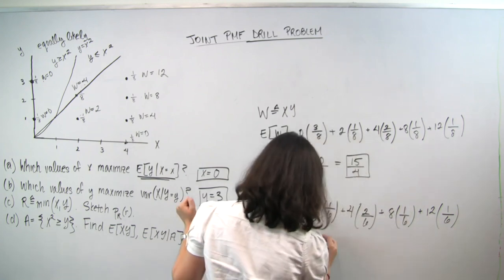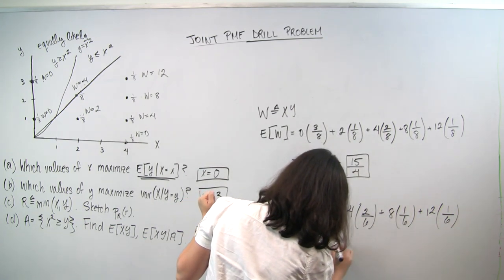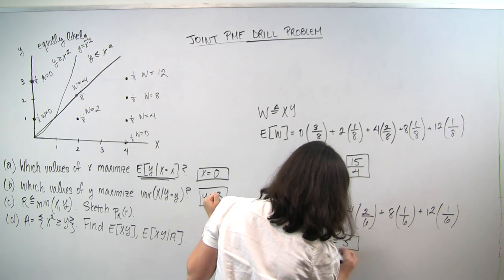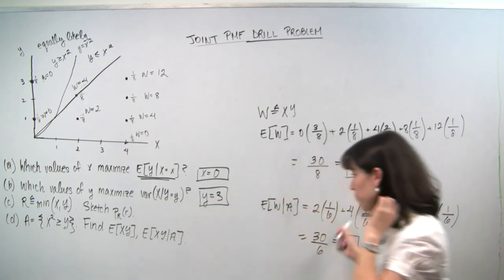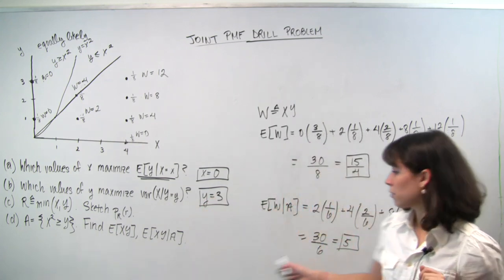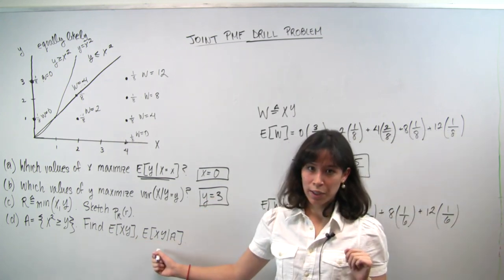And again, the numerator summed to 30, but this time our denominator is 6, so this is simply 5. So we have actually finished the problem because we've computed this value and this value.